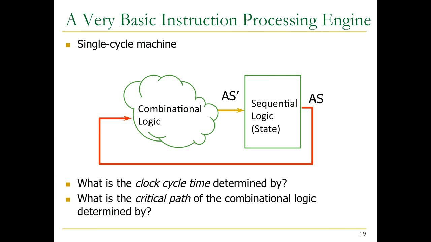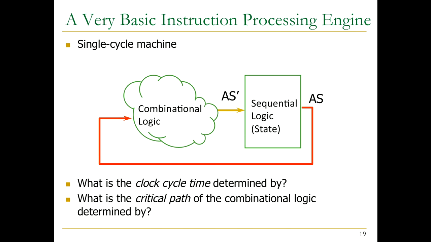That's true, yes. But think about the instructions. Which instruction is it determined by? If you remember the last lecture. Well, the one that takes the longest to execute. Absolutely, yes. The one that takes the longest to execute, right? Not all instructions are equal. Some instructions are fast, some instructions are slow.